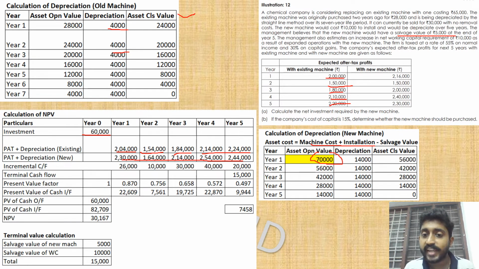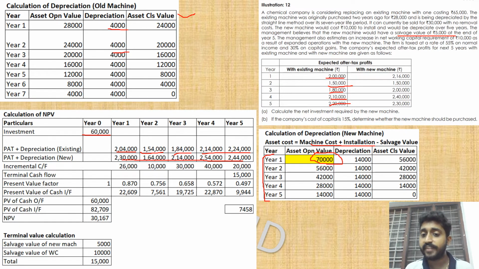Always you will capitalize the asset only by excluding the salvage value. So the asset cost is 70,000 and the straight line methodology is applied for 5 years. So the life of the asset, the new machine, is only 5 years.